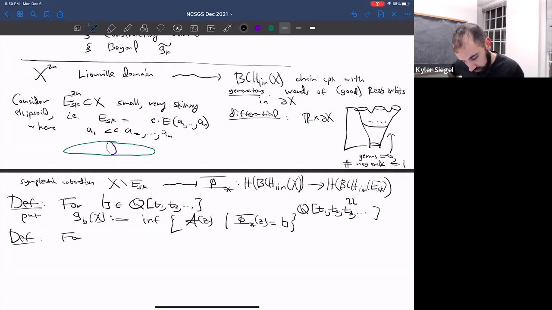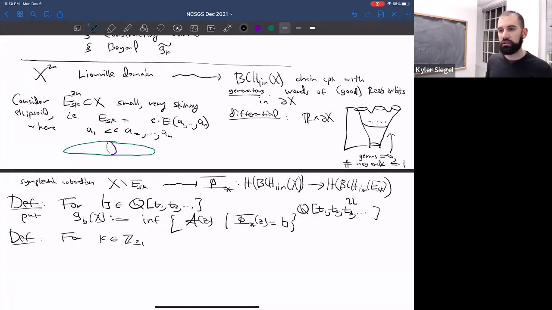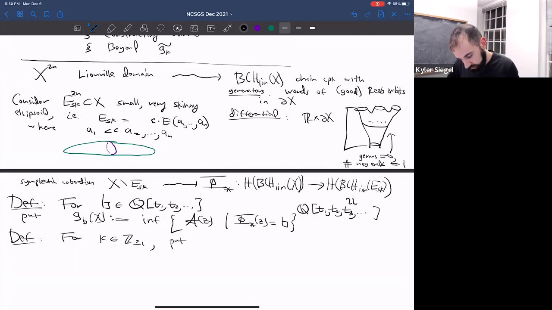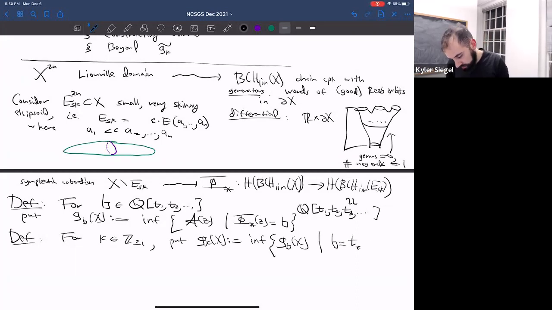Let's define a sequence of capacities indexed by positive integers as follows. For k a positive integer, let's define g_k of X to be the minimum over G_B of X, where B looks like T_k plus higher order terms.